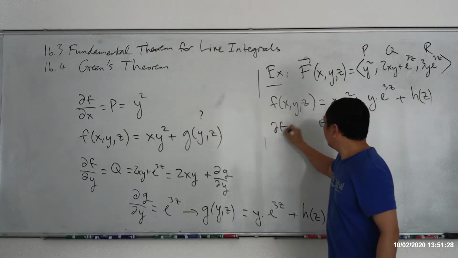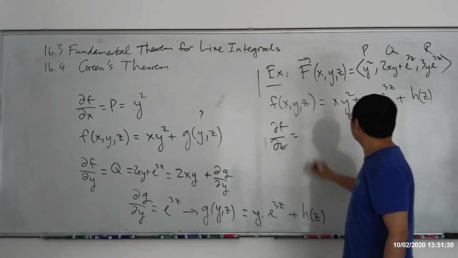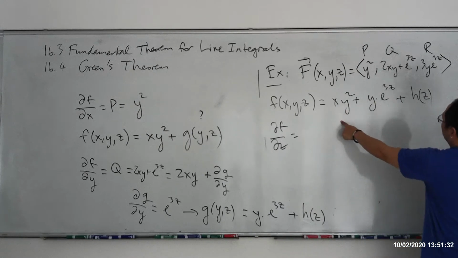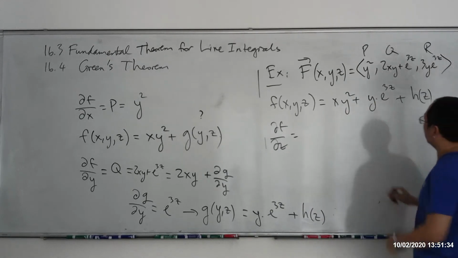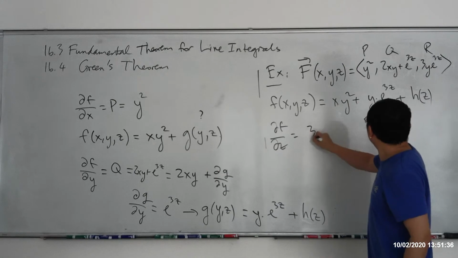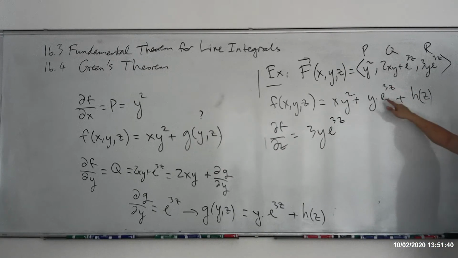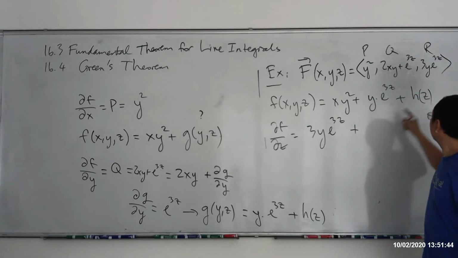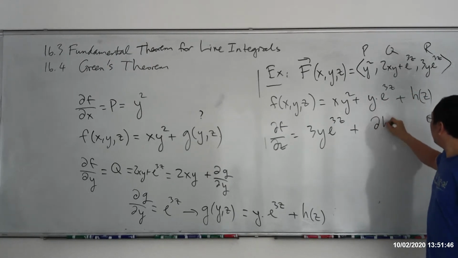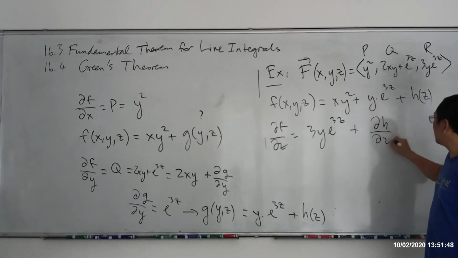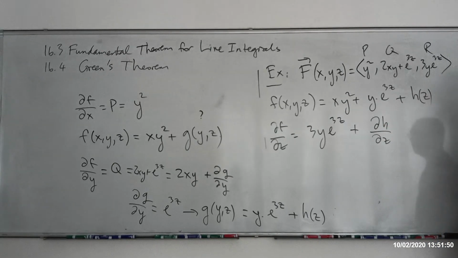So df over dz is going to be, this is going to be 0. It's going to be what? 3y e to the 3z, because e to the 3z, derivative in terms of z, chain rule, I've got a 3 in front, plus dh over dz, right? Actually, this is just h prime because it is one variable.